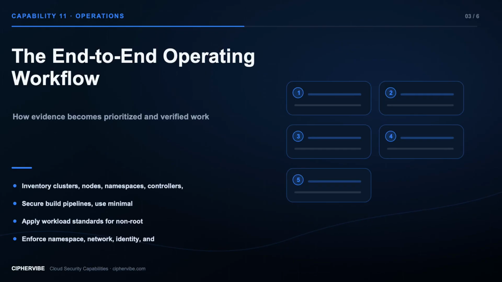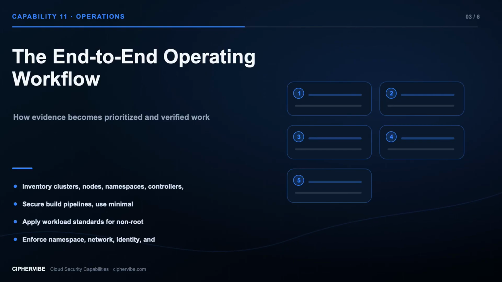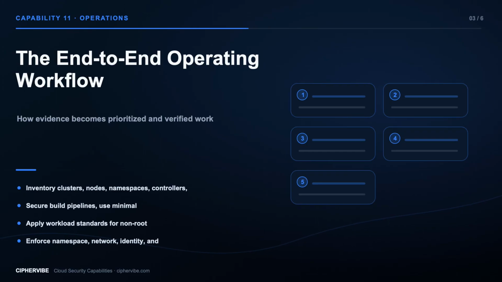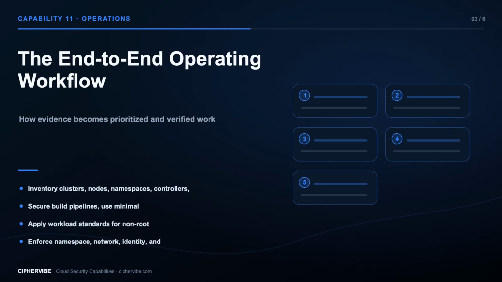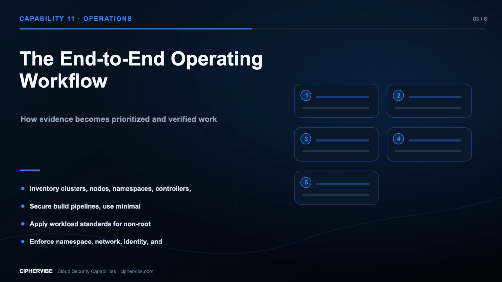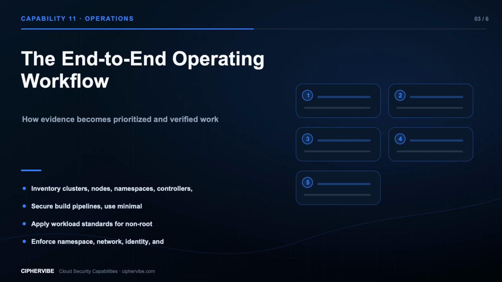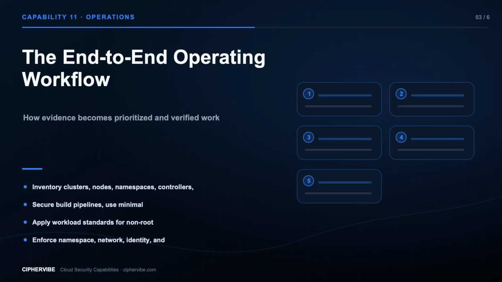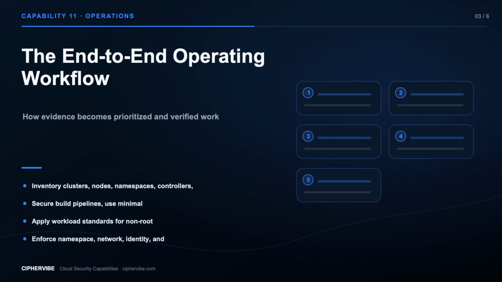First, inventory clusters, nodes, namespaces, controllers, workloads, images, registries, service accounts, and external exposure. Second, secure build pipelines, use minimal trusted base images, generate provenance, sign artifacts, and verify at admission.